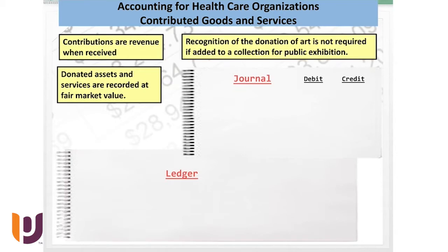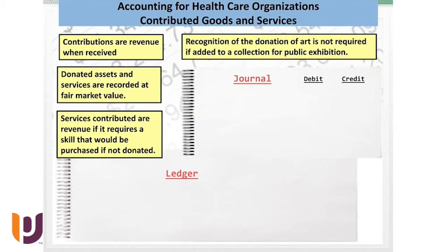Recognition of the donation of artworks, historical treasures, and the like is not required if the items are added to a collection for public exhibition, education, or research, and the items are protected and preserved. If sold, receipts must be used to acquire other collection items.